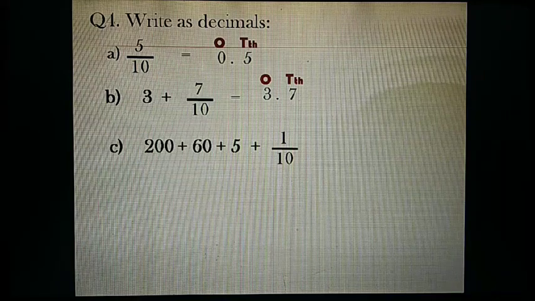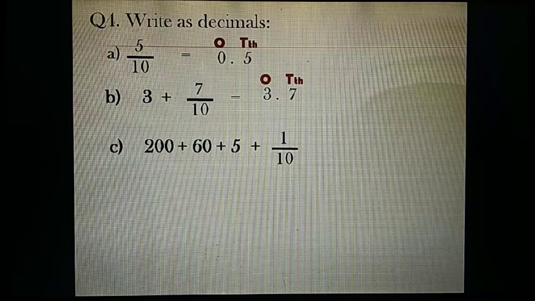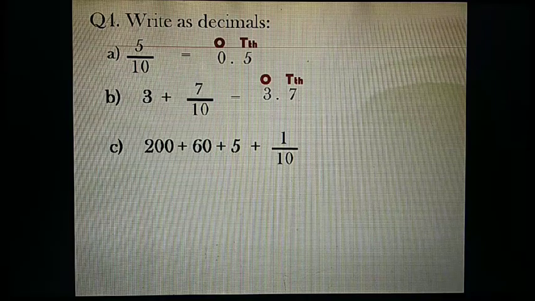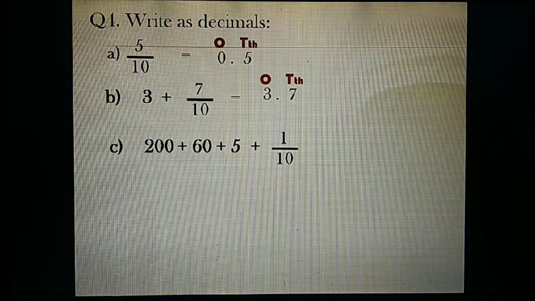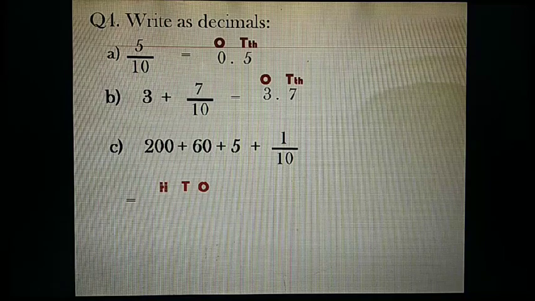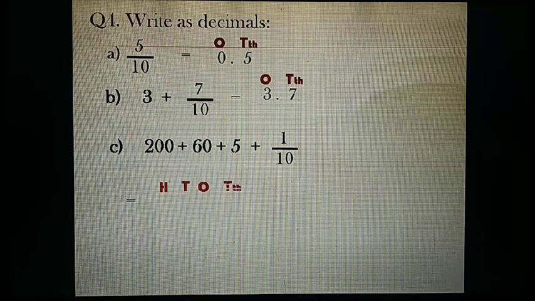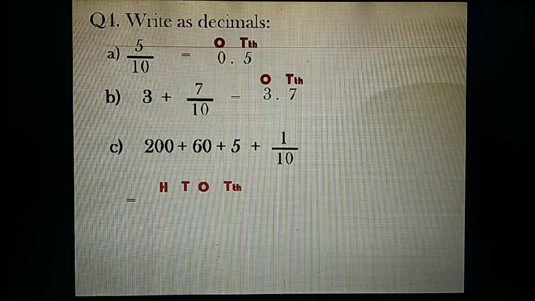The first number is making the whole number part and the last fraction is the decimal part. The highest place in the whole number part here is hundreds. So the place value chart will be ones, tens, hundreds. And for the decimal part, the highest place is tenths, so we will mention tenths here.